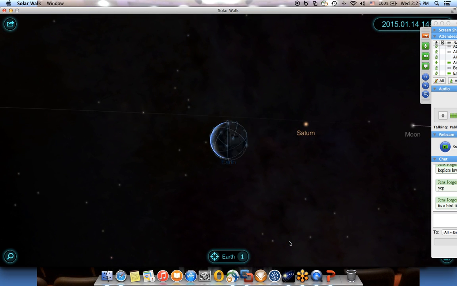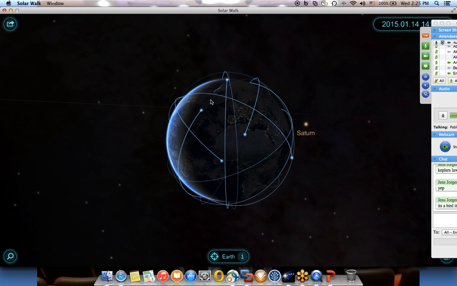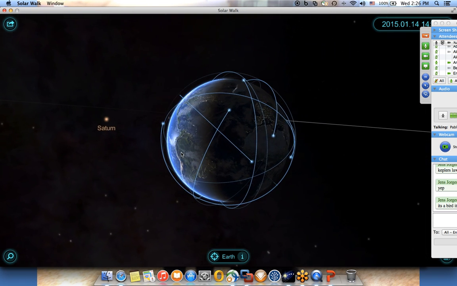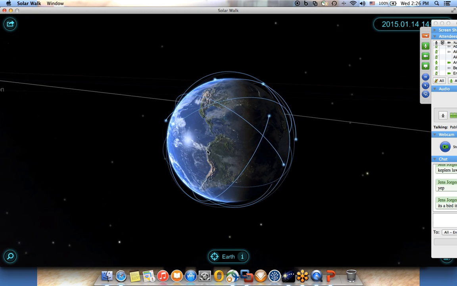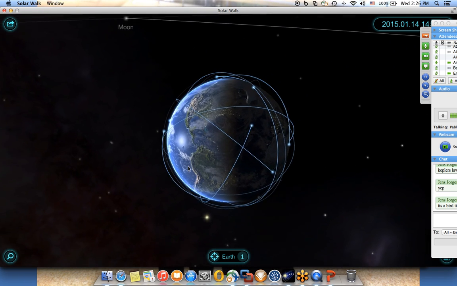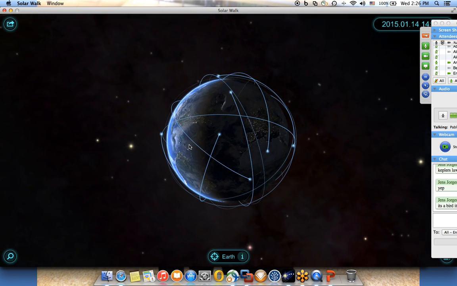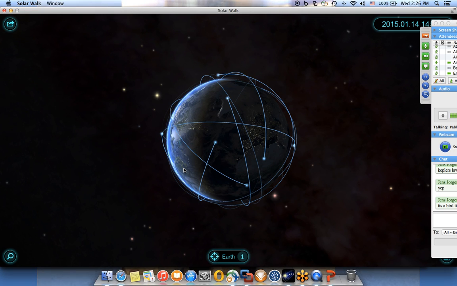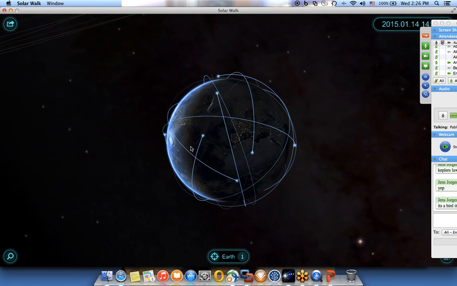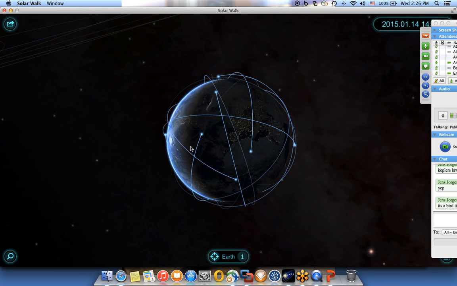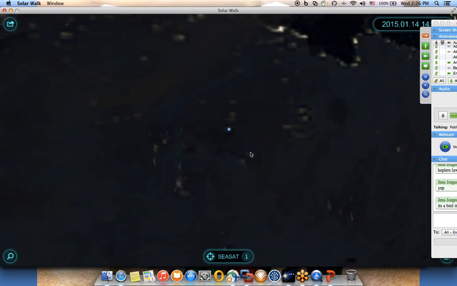But if we go to the Earth, okay, you see that there are lots of satellites that are orbiting the Earth, and many of these satellites, all the ones that are used for telecommunications, are what is called geostationary, meaning that they stay on the same place relative to the Earth all the time, okay?